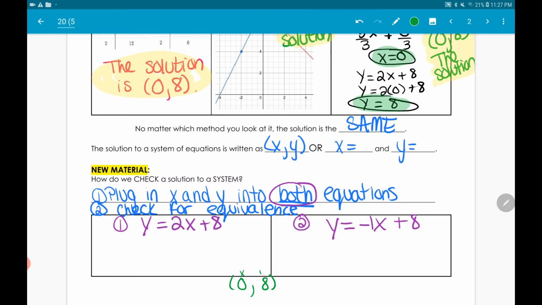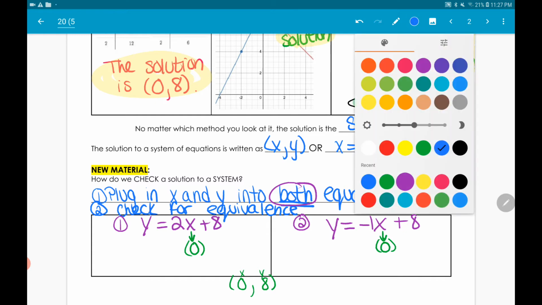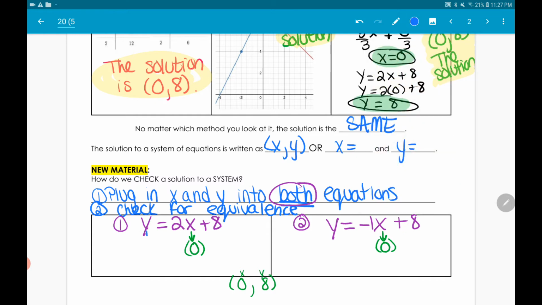So that means my x is 0. So in both equations, I need to put 0 there for x. And my y is 8. So wherever I see a y, I'm going to put 8. Everything else stays the same.